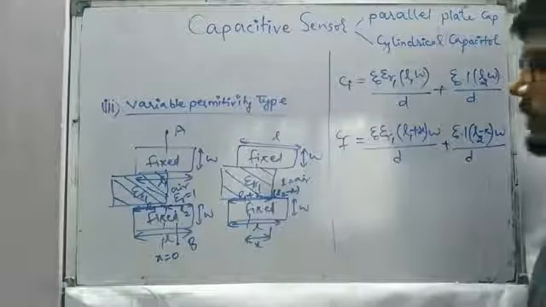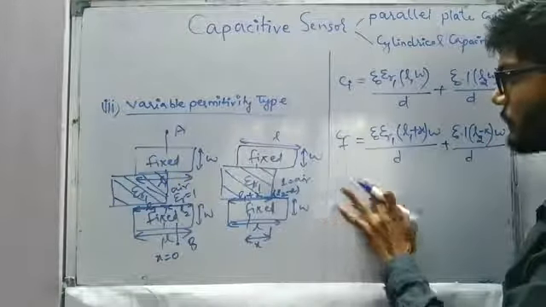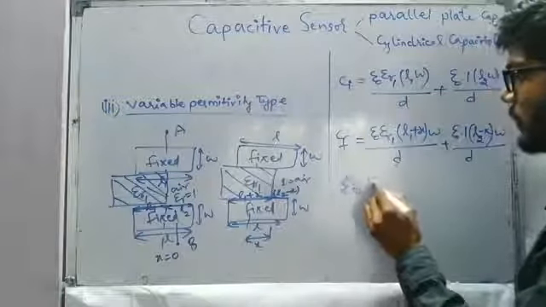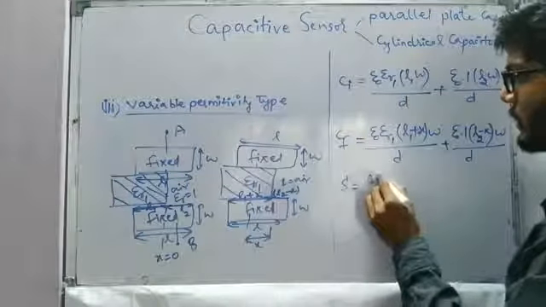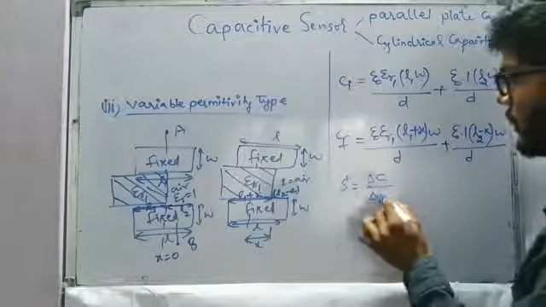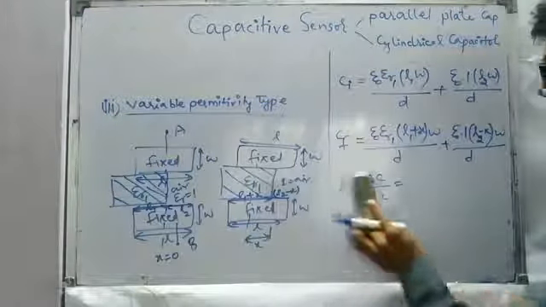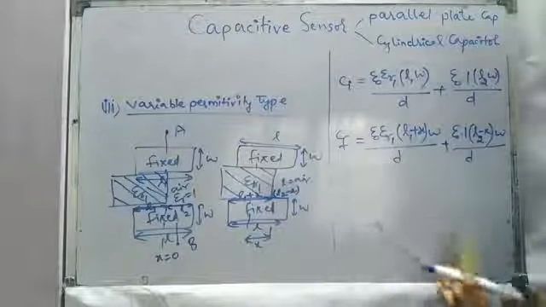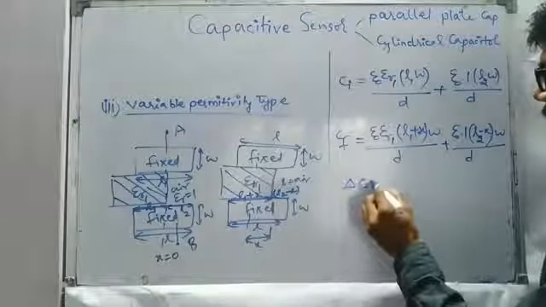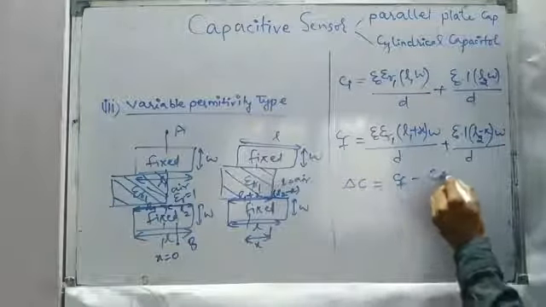And now we wish to calculate the sensitivity. The sensitivity is going to be change in output, delta C, divided by change in input, delta X. First let's calculate delta C, then we'll calculate the sensitivity. Delta C is going to be C final minus C initial.